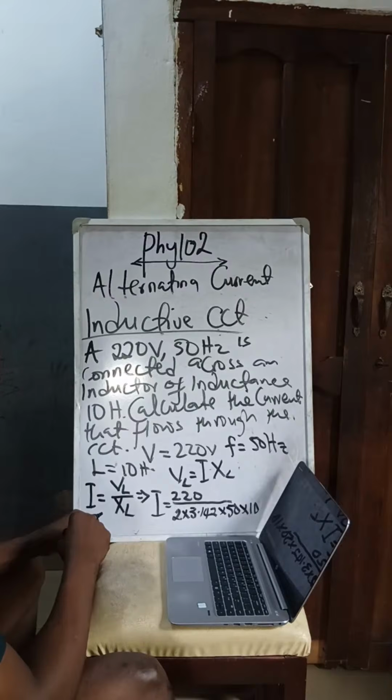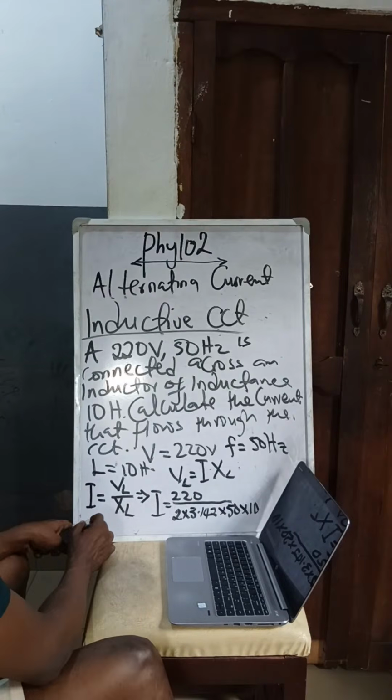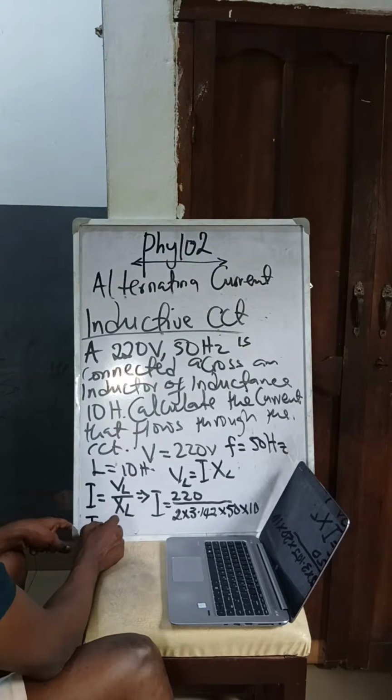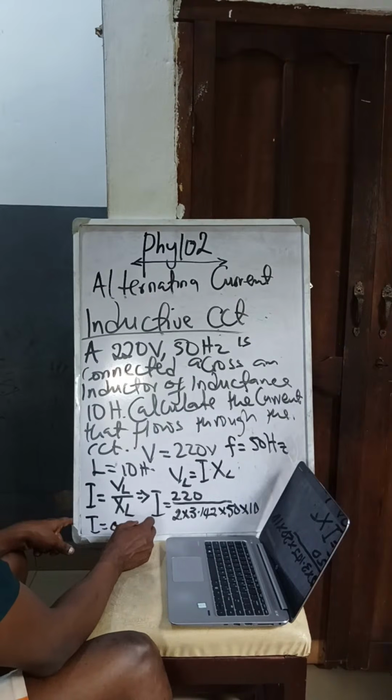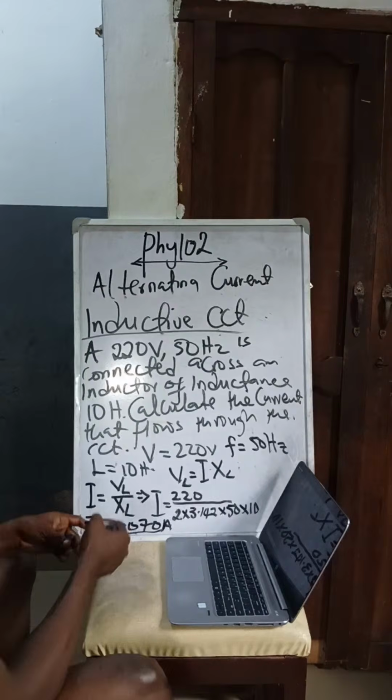Okay. So if you multiply and divide, current will be 0.070 ampere.